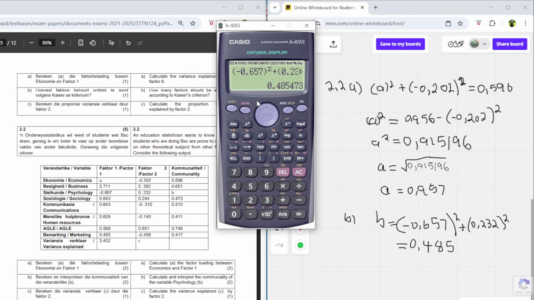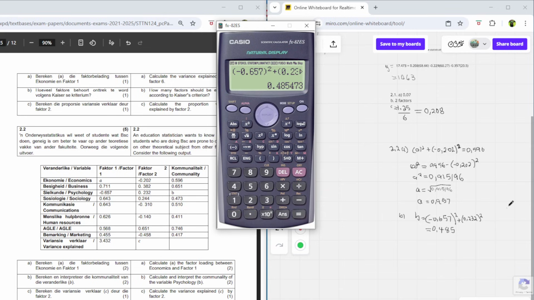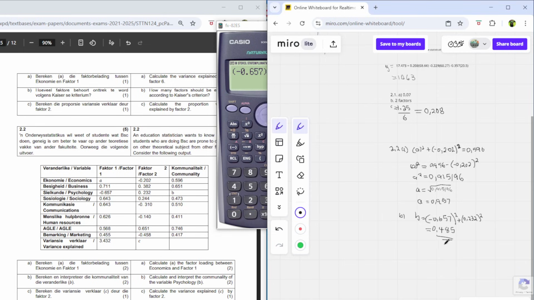Is it 485 or 486? 485. That is how you find the value of b over there.